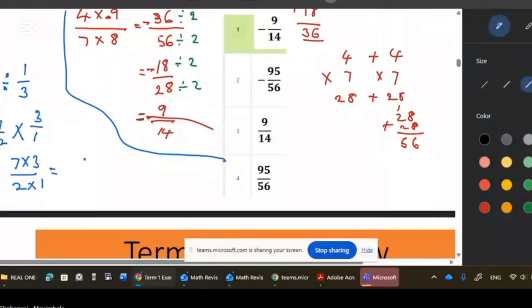What is 7 times 3? 21. Now, what is 2 times 1? 2. To simplify this, how many 2 goes into 21?